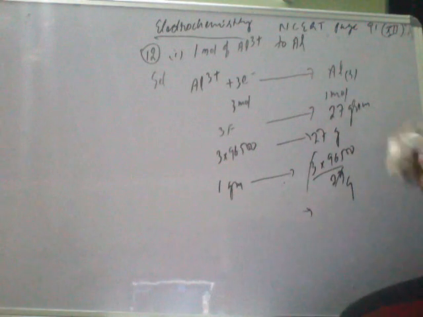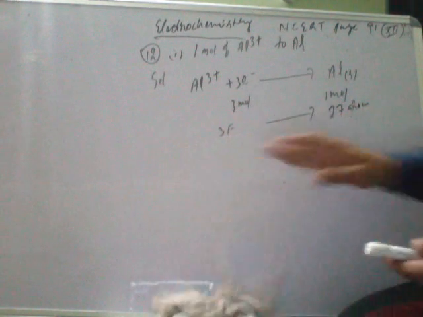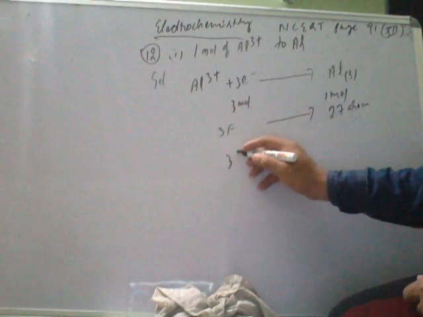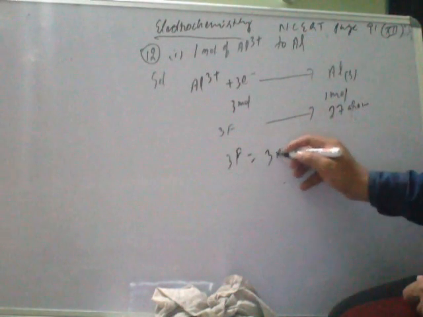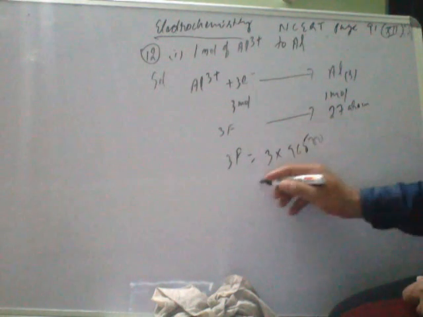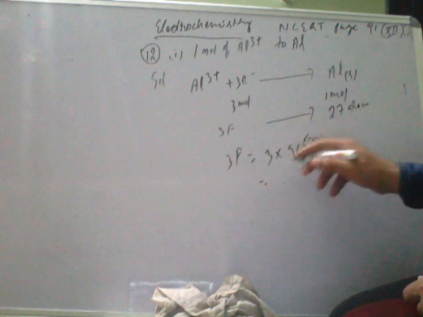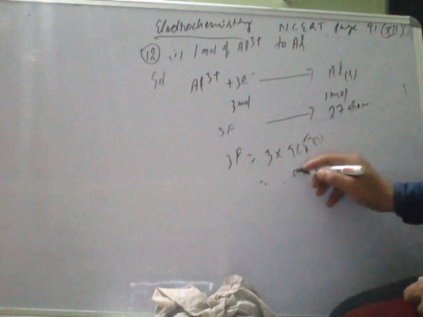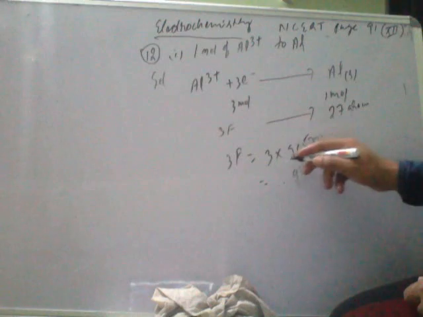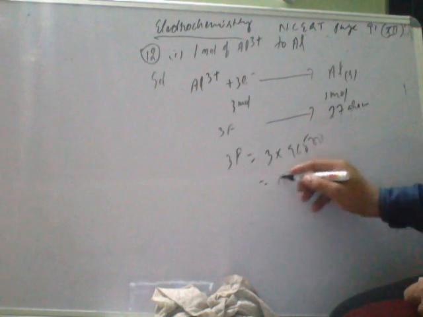No, we don't have to go for this one. I was going for the wrong calculation here. 3 Faraday means 3 into 96,500. You calculate: 3 fives are 15, carry 1, 3 sixes are 18, plus 1 is 19, carry 1, 3 nines are 27, plus 1 is 28.